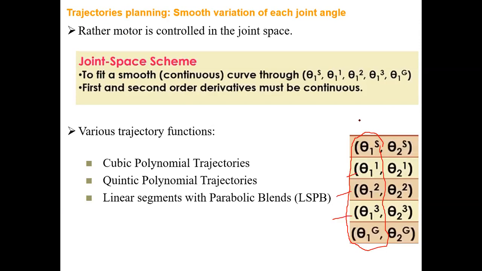Once we're done with theta 1, we can do the similar thing for theta 2. While figuring out a smooth function, make sure your first and second derivatives are also continuous. So when I say theta, at the same time you will be doing the derivative of theta and the second derivative of theta also. Otherwise your function won't be smooth. Make sure your first derivative is continuous and second derivative is continuous.